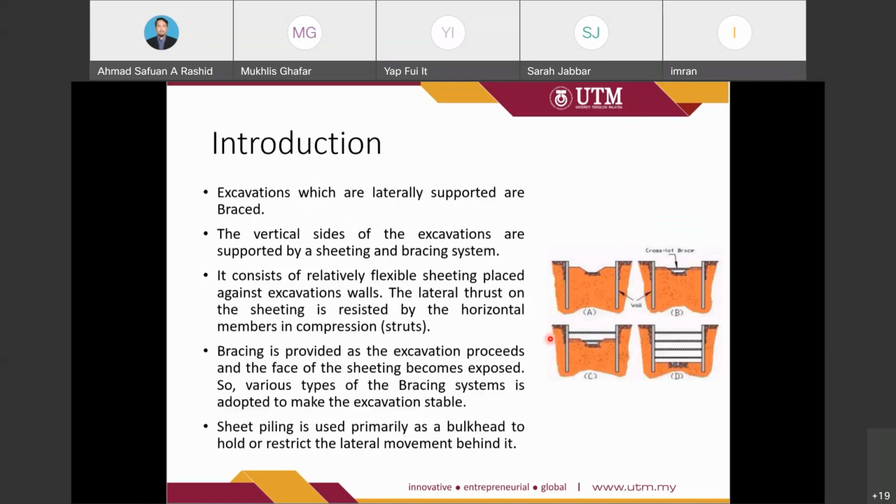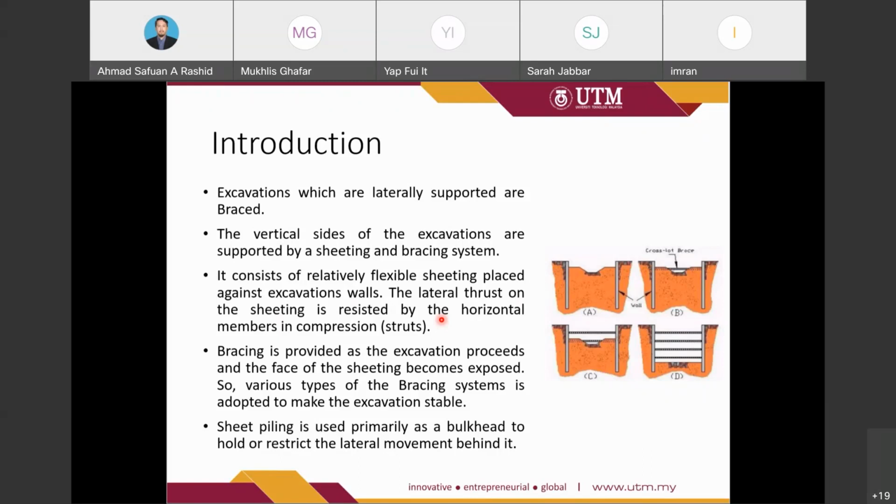Excavations which are laterally supported are braced. The vertical sides of the excavation are supported by a sheeting and bracing system. It consists of relatively flexible sheeting placed against the excavation wall. The lateral thrust on the sheeting is resisted by horizontal members in compression, which are called struts.